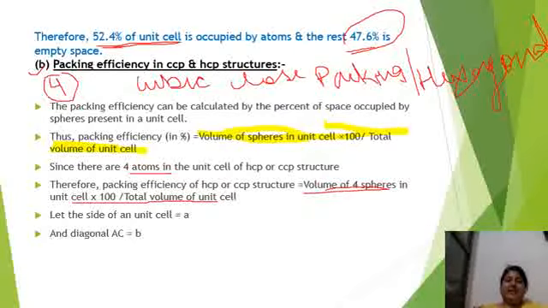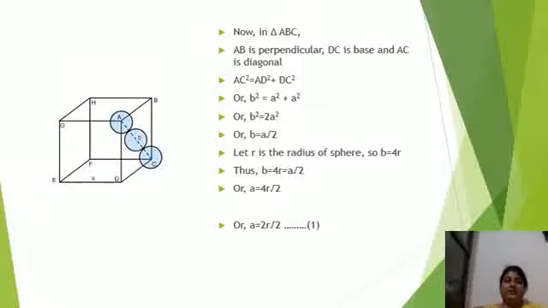We considered that the side of the unit cell is A and the length of the diagonal is B. I will show you the diagonal. See beta, this is the diagram. This is the diagonal AC. These are the edges whose length is A. What is the length of this? Small a. While this edge AC is equal to B.